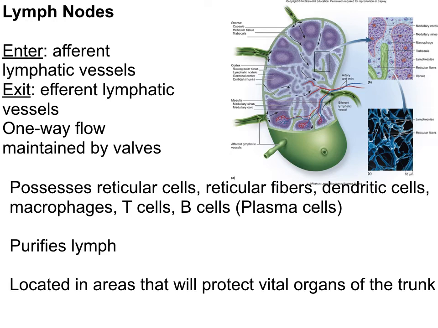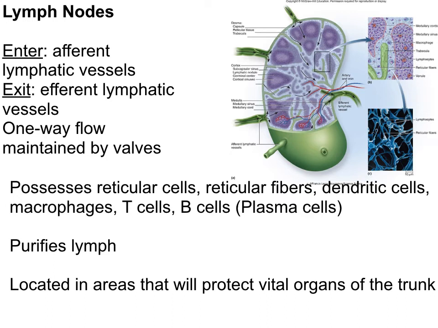Also, by having your lymph pass into the lymph node, you actually create an early warning system to any infection or abnormality that might be existing out in the body, because those pathogens are going to head into this node where you have B cells and T cells.